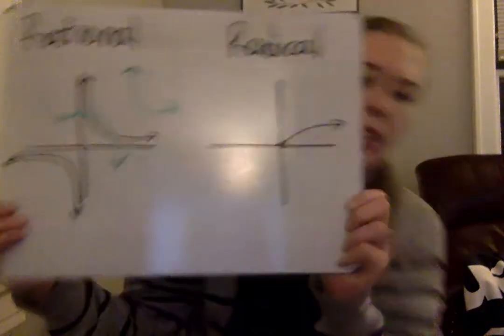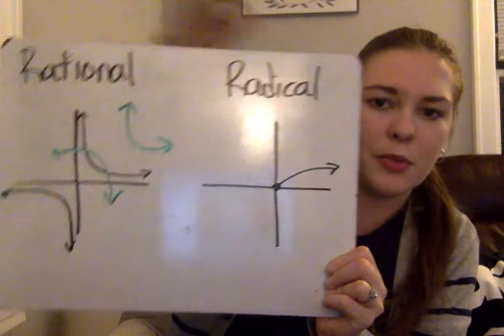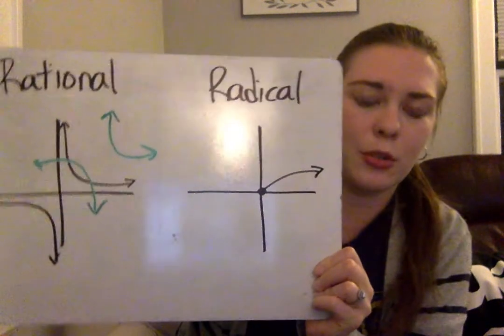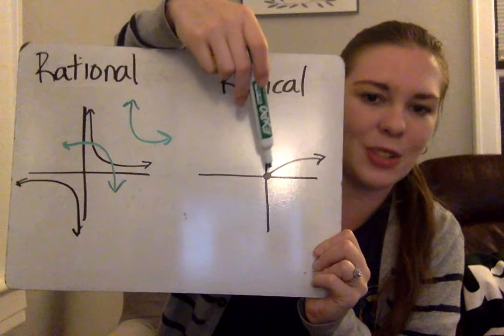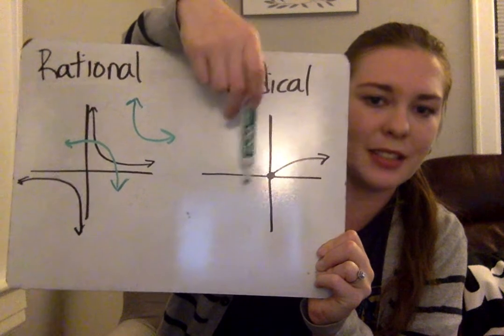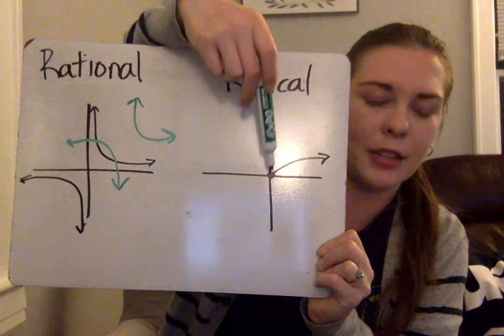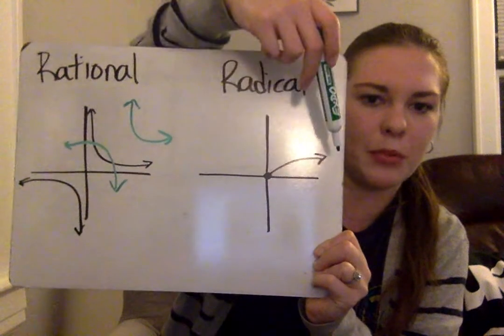And then radical. A lot of times people either get radical confused with rational or with exponential. What's cool about this one is that it sort of has this starting point. So it starts somewhere specifically and it doesn't have two arrows, it only has one. And we're going to draw it one way and it kind of has this hill shape.